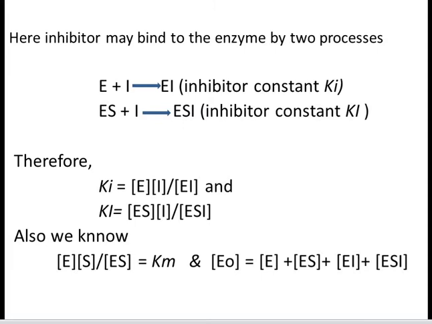Friends, we also know that concentration of E into concentration of S divided by concentration of ES is equal to Km, and concentration of E0 is equal to concentration of E plus concentration of ES plus concentration of EI plus concentration of ESI.